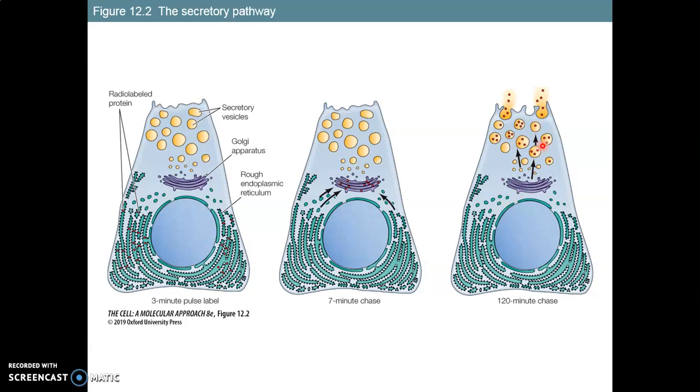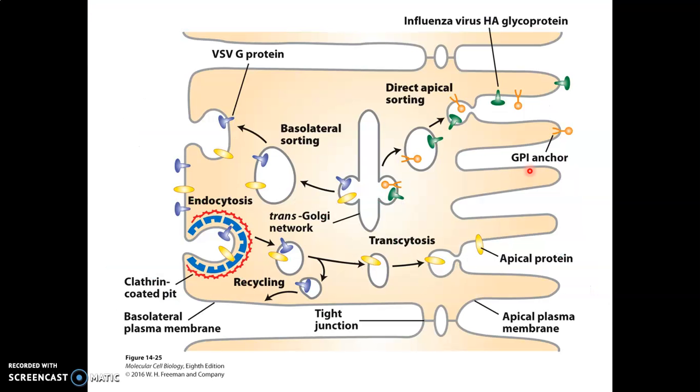This is, of course, an oversimplification. There are pathways that allow us to bring things in from the surface, directing them into the Golgi apparatus, and maybe even then shuttling them to the other side of the cell. We have ways of going from one surface all the way to the other surface without necessarily going through the trans Golgi network at all.